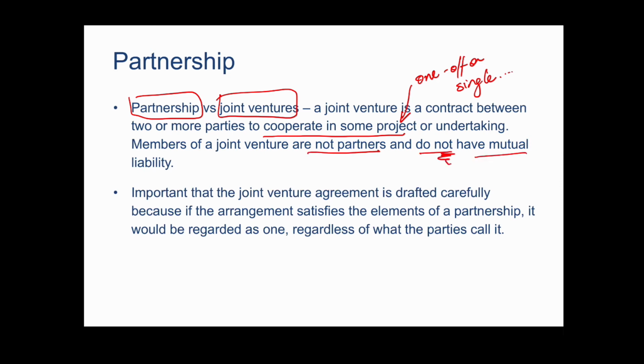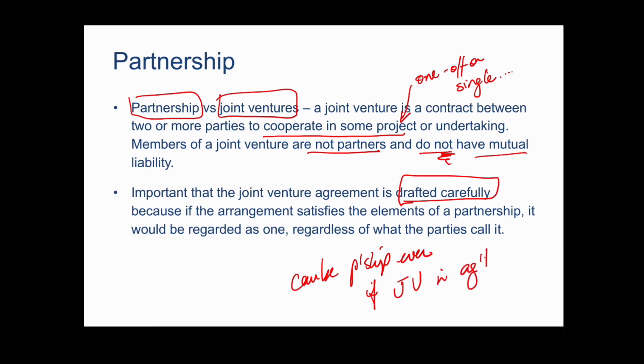You've got to be really careful about how you draft joint venture agreements, because if it's ongoing, there's a chance it may actually be a partnership, even if you call it a joint venture. It all comes back to whether you're carrying on a business. So partnerships can arise even if we don't think so. We've got to be careful if we enter joint ventures that we don't end up in a partnership.